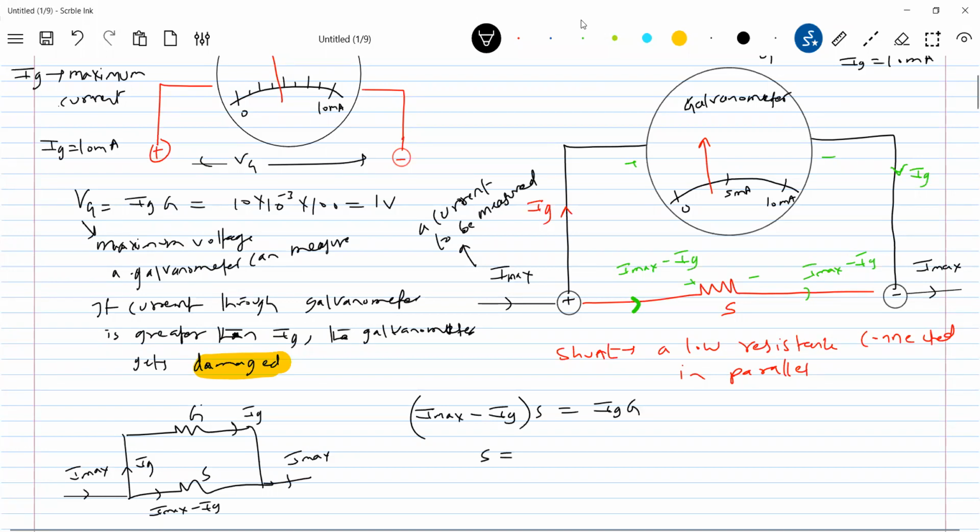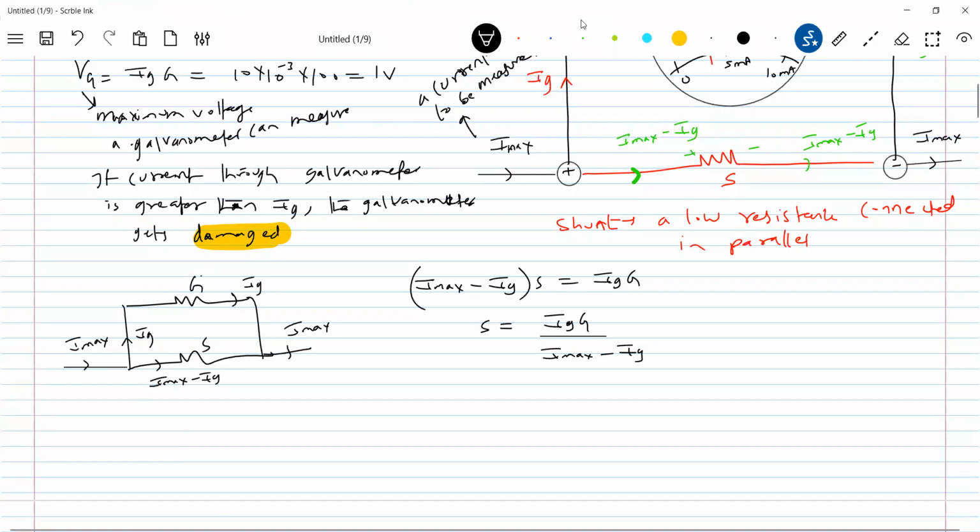So what is the value of shunt to be connected? S equals Ig into G by I max minus Ig. What is I max? The range of current which you want to measure. The galvanometer can measure 10 milliampere. Let's go for this one: the range is I max equal to 100 milliamperes. Shunt is just a definition, nothing to do with maximum current. So I max is 100 milliampere. Then what should be the value of the shunt connected here?